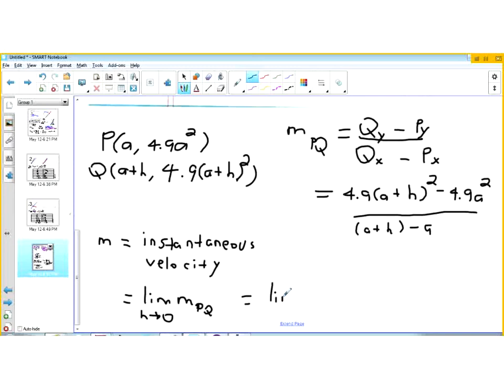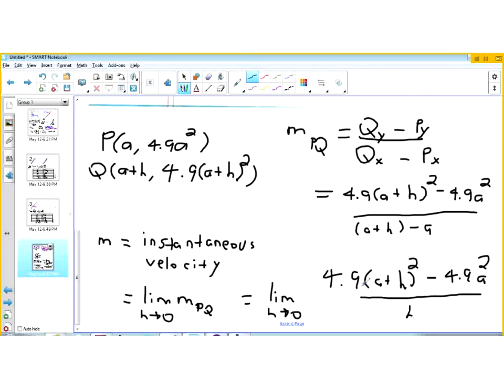Okay, and so that's the limit as H approaches 0 of 4.9 times A plus H squared minus 4.9 A squared, divided by H, when I simplify the denominator.